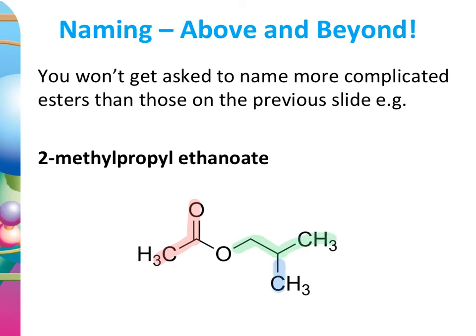So it's not a massively difficult one. We've got the methyl group on the 2nd carbon of the propyl. It's actually arguable whether the 2 is necessary there. But anyway, you won't even get anything like that. So just make sure you're confident with coming up with basic names of esters, and you will be fine.